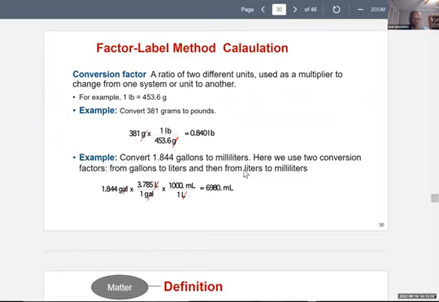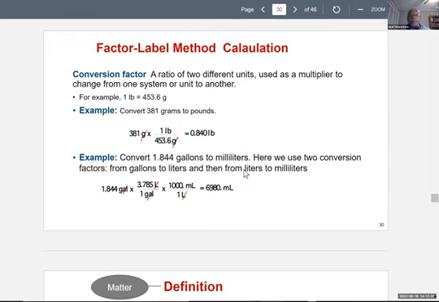Now, doing calculations using conversion factors is called the factor label method. A conversion factor is a ratio of two different units used as a multiplier to change from one system to another unit.